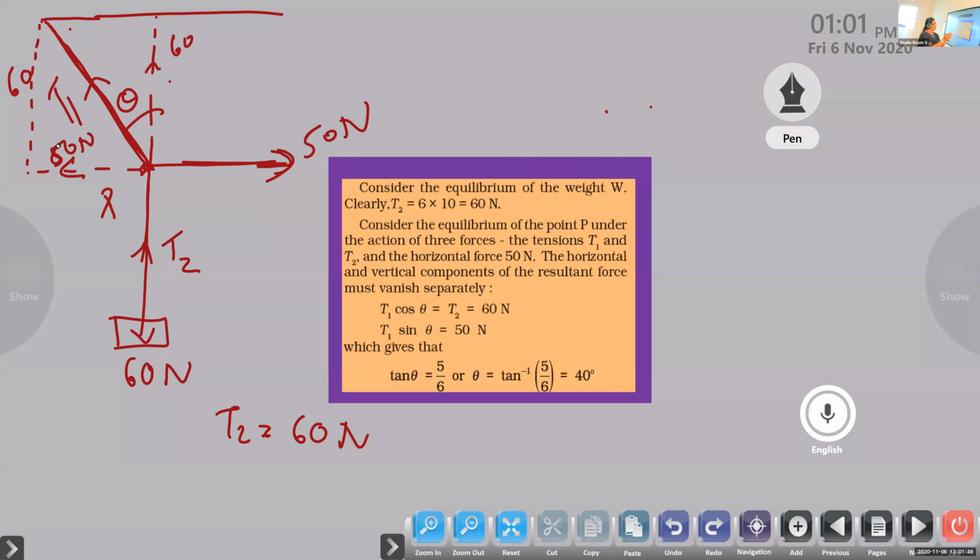Now, can we connect this with the equation by resolving the components? If this is 50 Newton, what will this be? The opposite side of a parallelogram is 50.